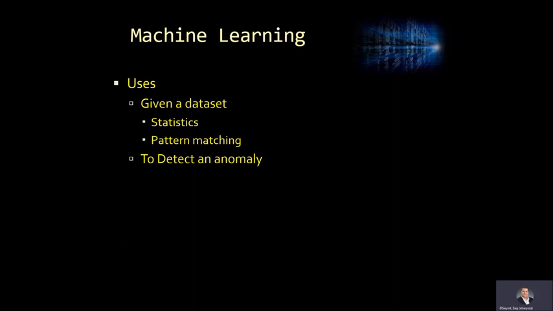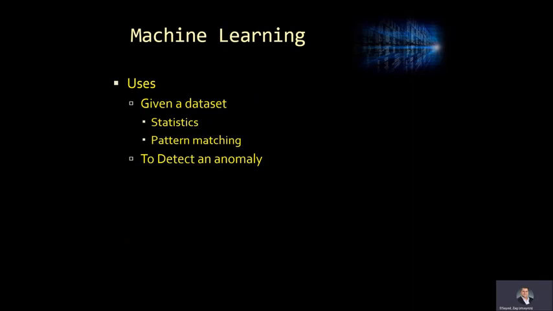This is why in this module, as I sent already on Canvas, there is a small link to a book of statistics, just to remind you about the concepts of mean and median, standard deviation, and so on. What is the probability of occurrence of events? Because we will need this basic knowledge whenever we try to do the basic analysis of the data.